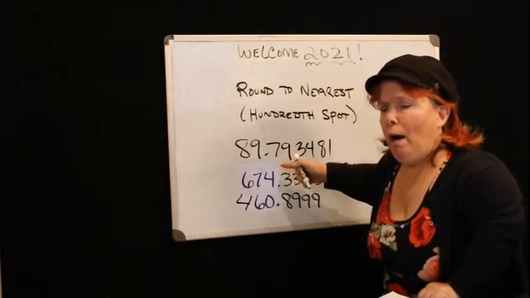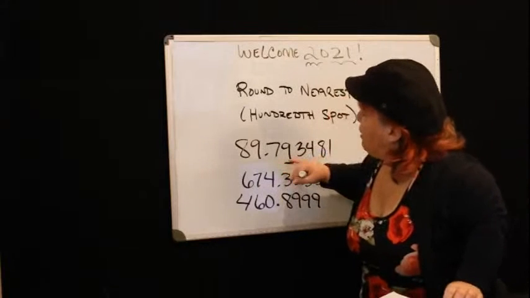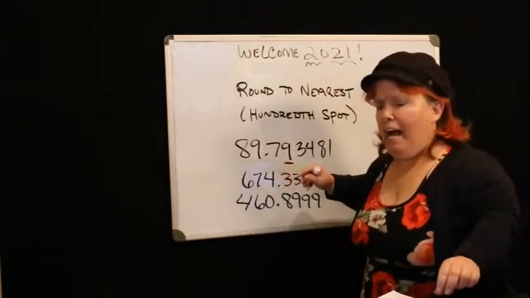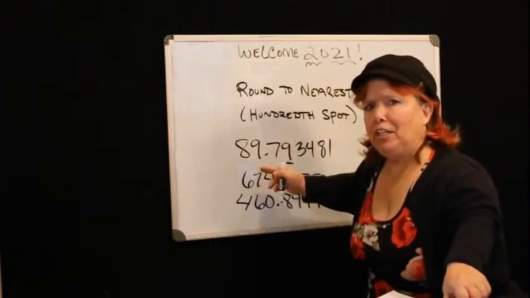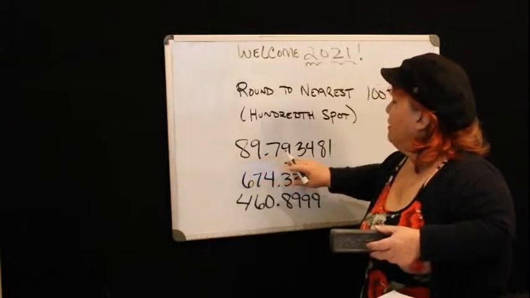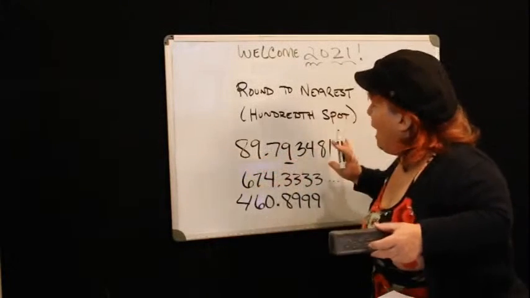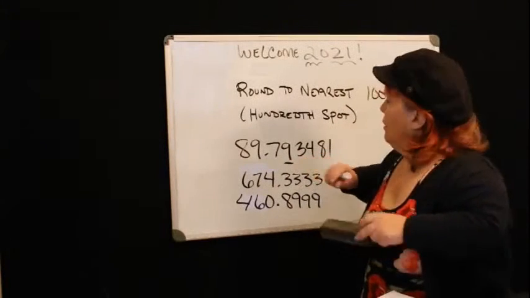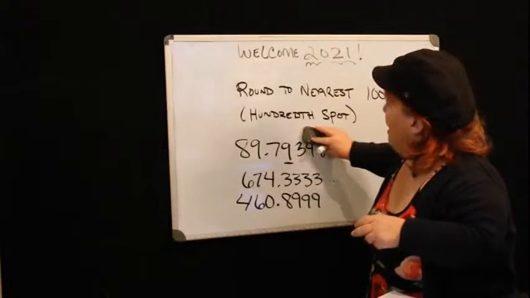This number would go up. Well, what would happen if this turned to 10? Then we would have to carry that over to the next number. So this would end up being 8.80. But since it's less than 5, what happens to these numbers? This number stays the same and these just drop out.